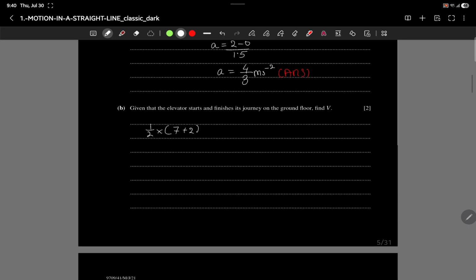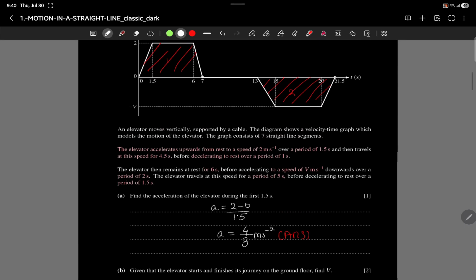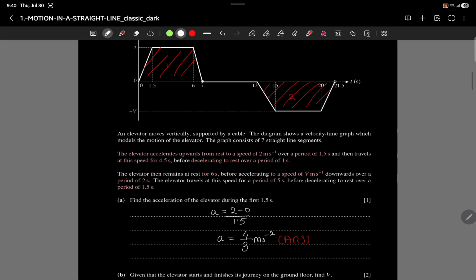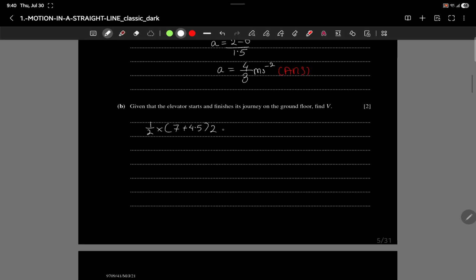This part is 4.5, my bad. Half into 5 into the height, which is 2.